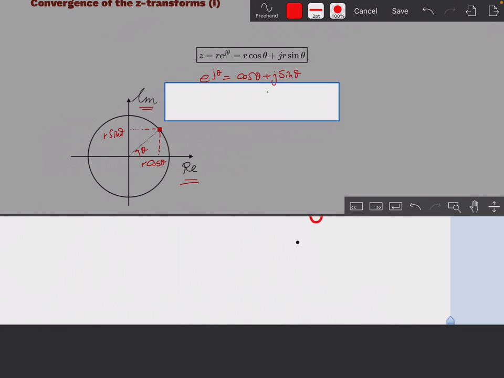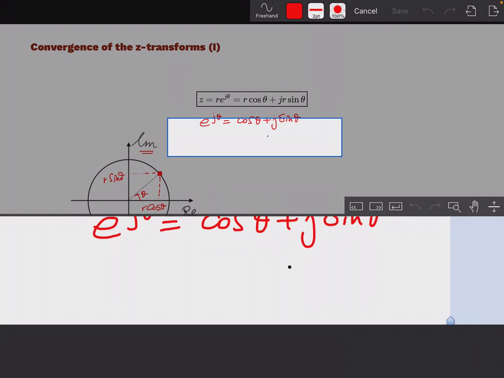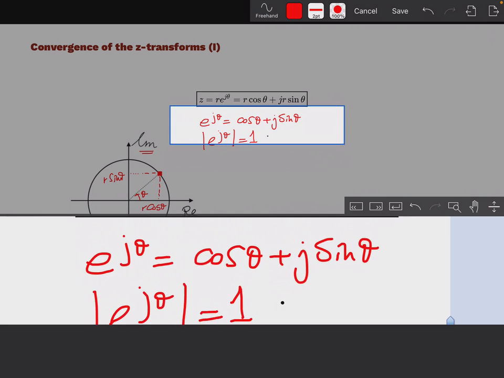And one additional thing that we know about e to the power j theta is that its magnitude is 1. Okay, because it's cosine squared theta plus sine squared theta, which is 1 anyway.